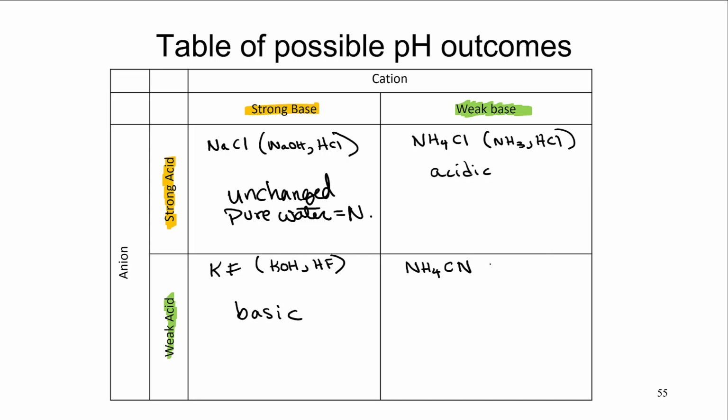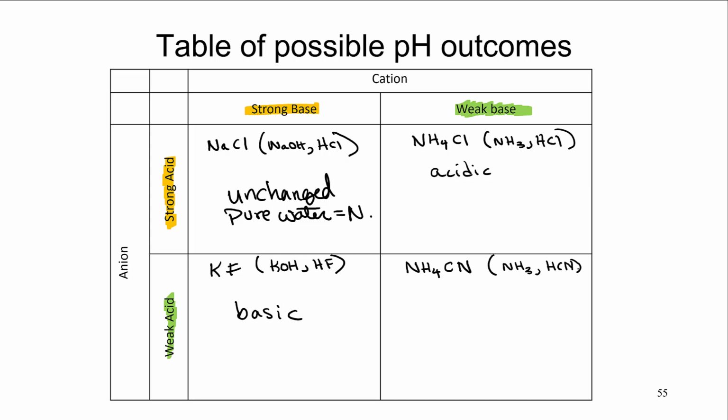This comes from ammonia, which is weak, reacting with HCN. That's the acid-base reaction, and ammonium cyanide would be the salt. How do you know whether the pH is going to be more acidic or more basic? For this particular type, when you have weak base, weak acid salts, you're not going to be asked to calculate the pH, but you'll have to guess whether or not it'll go higher or lower.